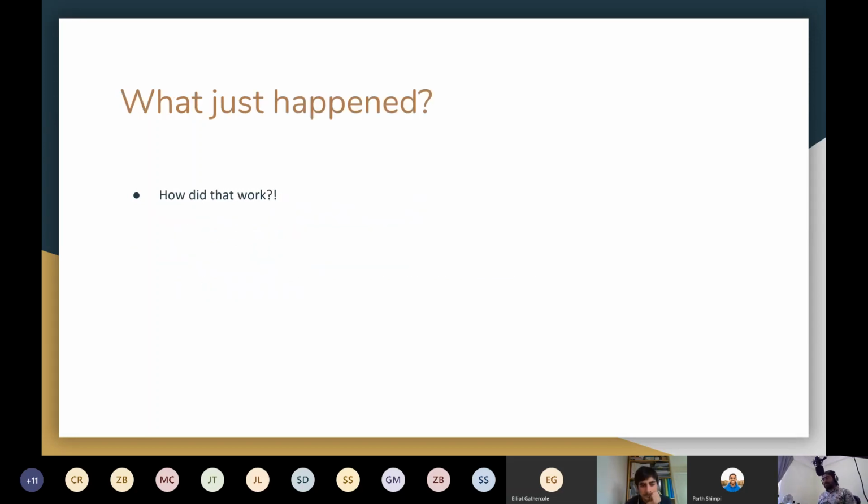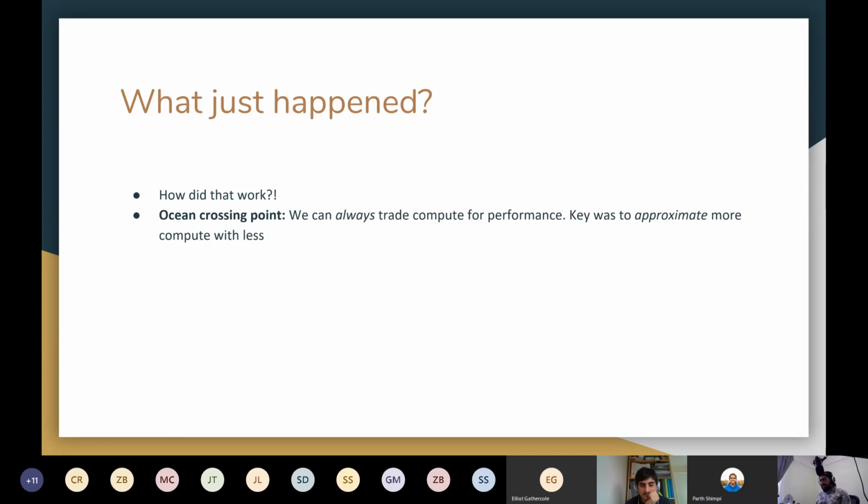And I think it'd be reasonable at this point to be like, what the fuck? How did that work? I think this is pretty subtle, but the ocean crossing point here, the step where this problem went from unsolved to solved, is that we always know that we can spend more compute to perform better.